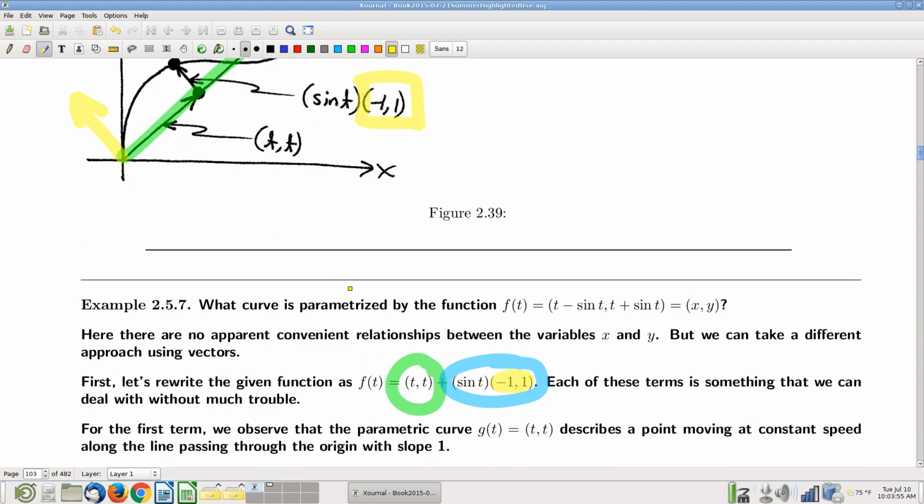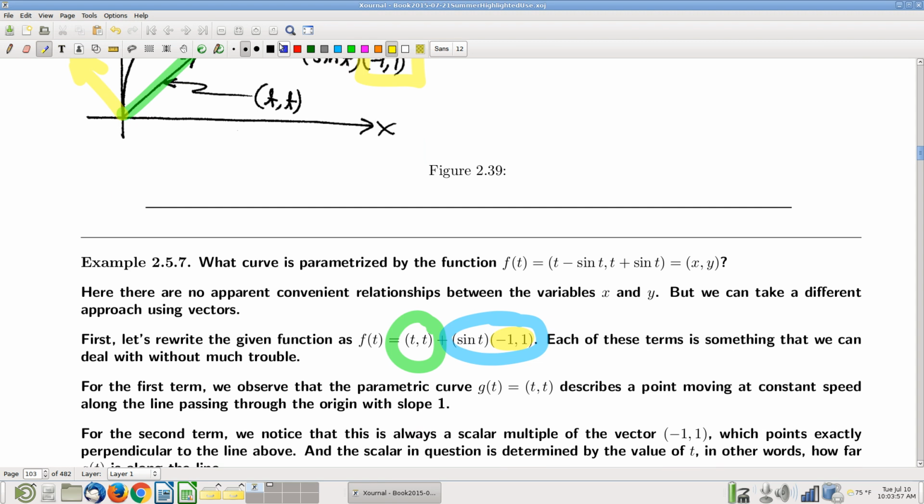And what this says is that as time passes, as t increases, as the green point moves along the line y equals x, I'm going to be adding to that an oscillating multiple of -1, 1. Think of the green as a moving point, and think of the blue as a vector whose direction is always -1, 1, but where the scalar factor of sine t is being multiplied.